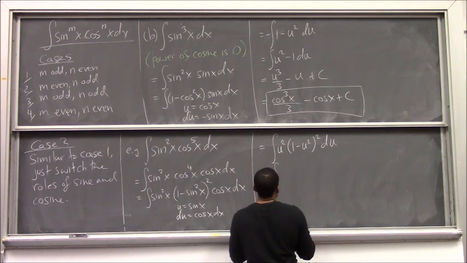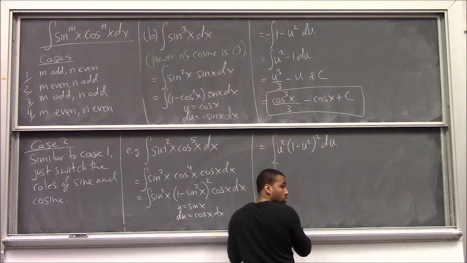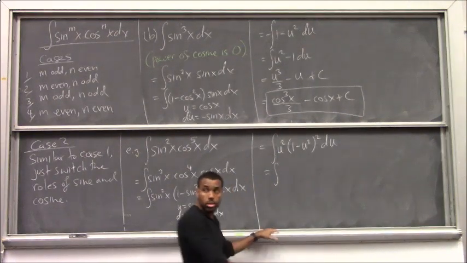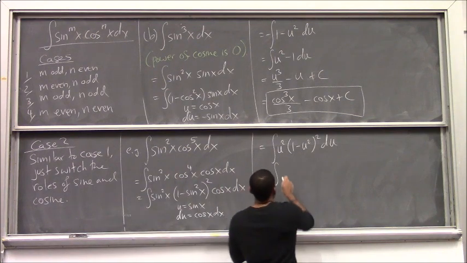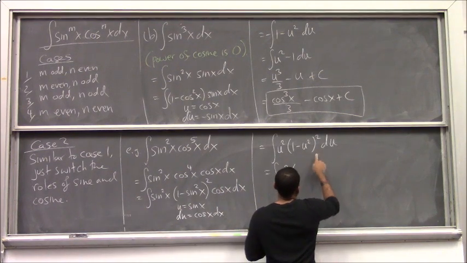How do I do this one? What happens here? What does this expand to?